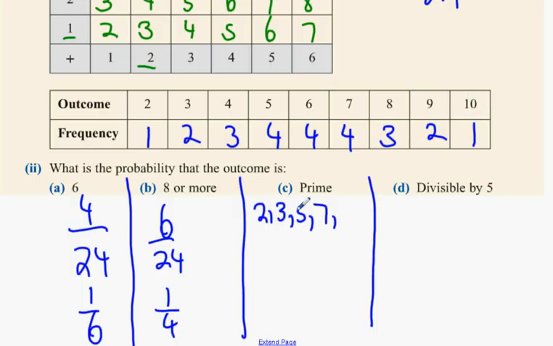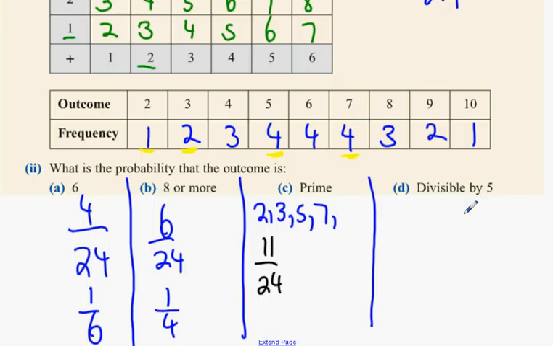So 2, 3, 5 and 7. So there's 1 plus 2 plus 4 plus 4, so it's 3, 7, 11. There's 11 different numbers that will do the trick for us. As in, there's 11 different ways we can make these prime numbers. It's 11 out of 24.